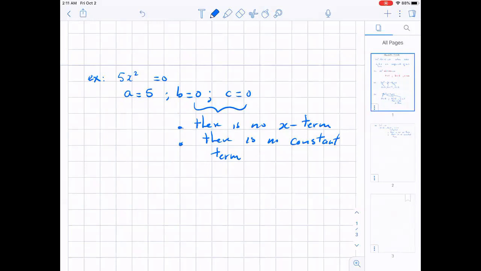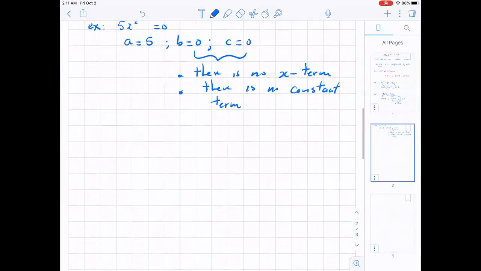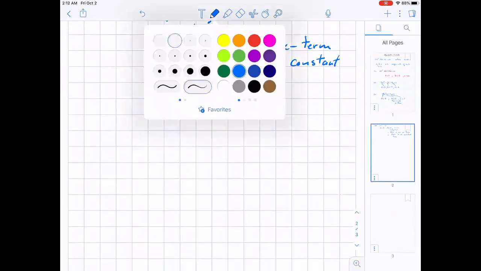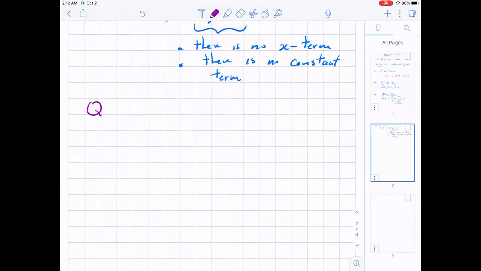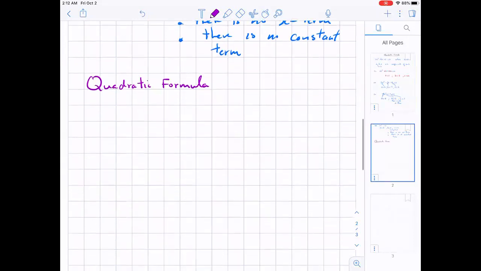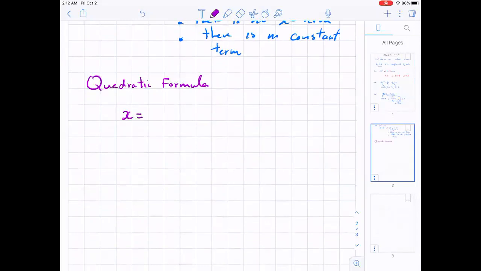So once you know how to identify your a, b, and c, we can use what is called the quadratic formula. The quadratic formula tells us that x is equal to minus b plus or minus the square root of b squared minus 4ac, everything over 2 times a.